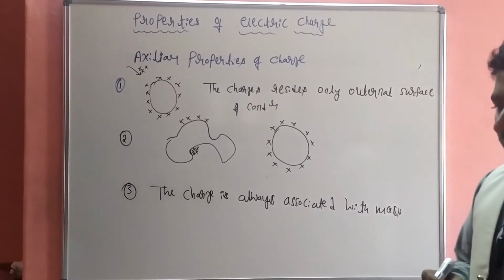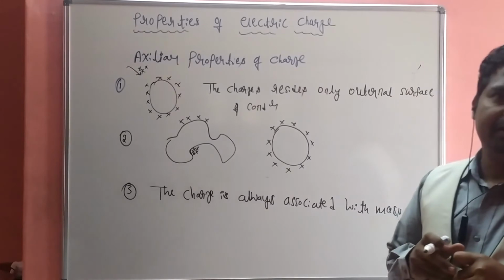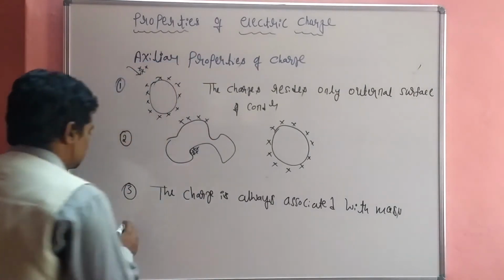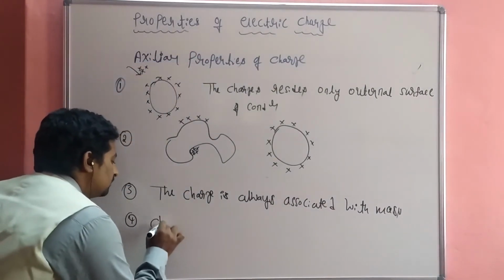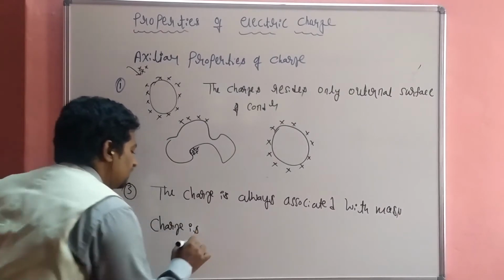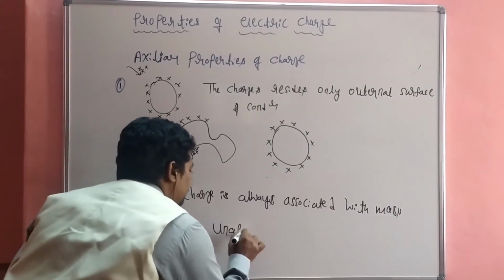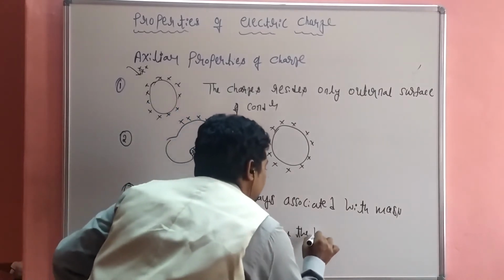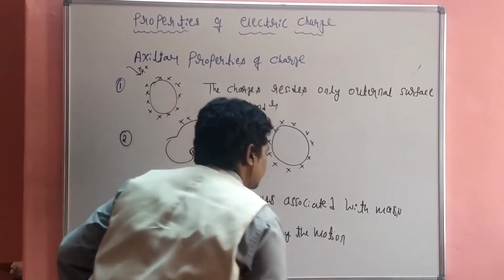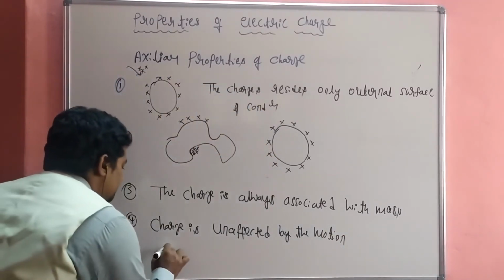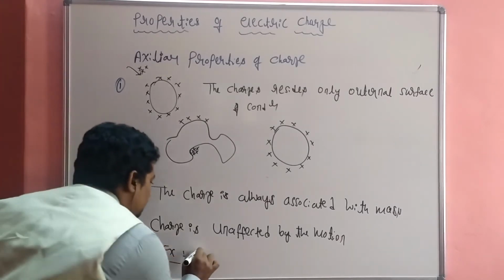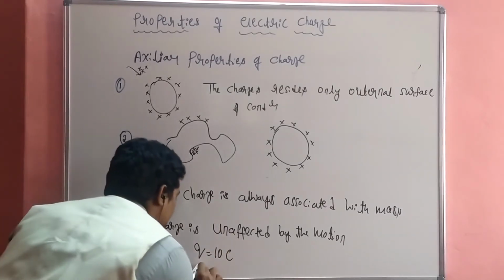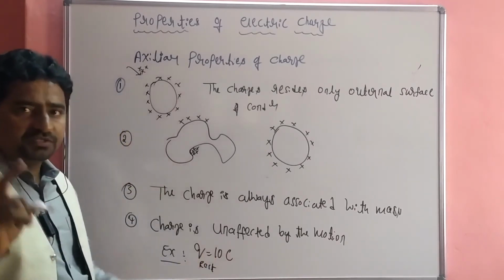One more important point is that charge is unaffected by motion. How is the charge unaffected by motion? Let's take the charge value equal to 10 coulomb. This charge is in a rest condition, and its magnitude is 10 coulomb.